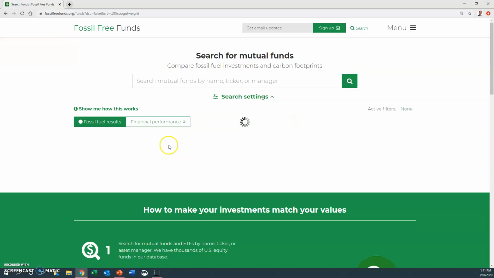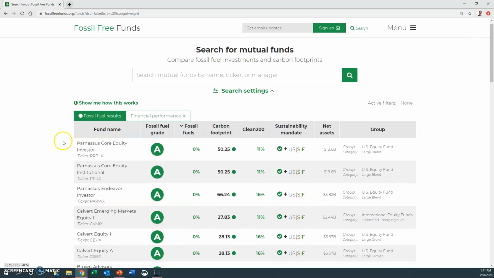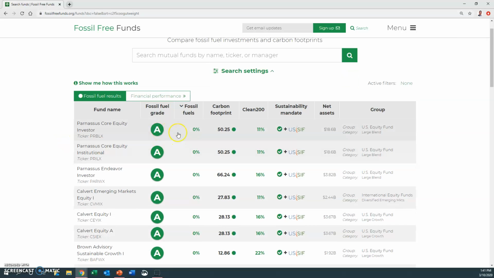First thing we could do is go to top scoring results here, and again you can see fossil fuel grade A, 0%. Carbon footprint's a little bit higher here, but there's investment in Clean 200, and in this case we have a sustainability mandate, and then there's a separate rating that has to do with sustainability as well. So some of these are rated very high.